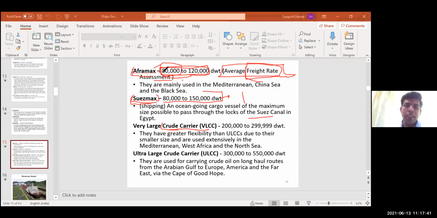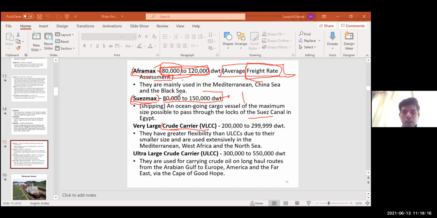So anything up to 1,19,999, up to that particular range, you will find it in this category. Anything more than 1,20,000 up to 1,50,000, you call it a Suezmax.